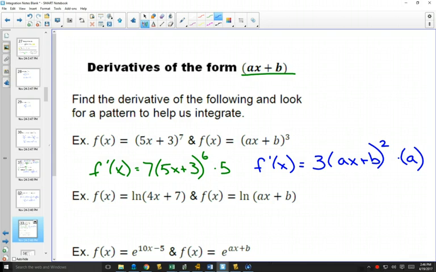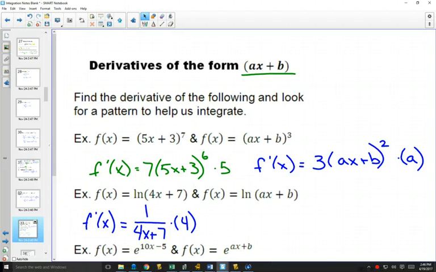What happens if you had that inside of a natural log? Well, we know that the derivative of a natural log is 1 over x. So if I have a 4x plus 7 inside, it's going to be 1 over 4x plus 7. And then we would have to multiply by 4 because of the chain rule.